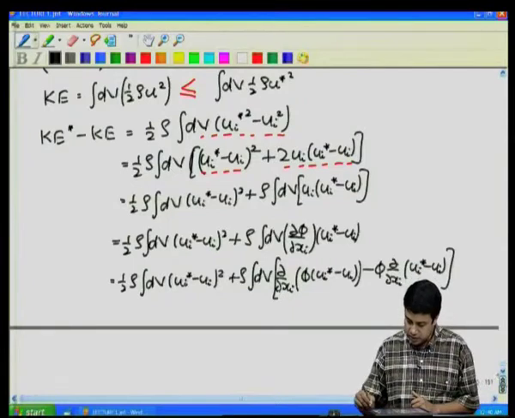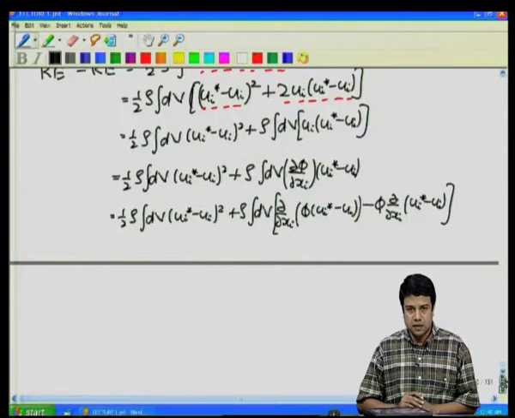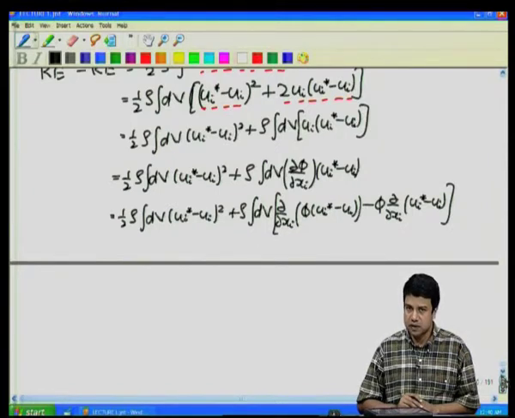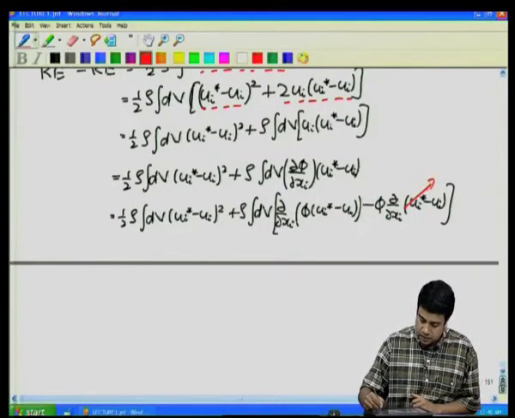In the second integral on the right, the second term contains the divergence of ui star minus ui. However, we have postulated that both ui star and ui satisfy the mass conservation equation. Therefore, the divergence of the velocity turns out to be equal to 0.